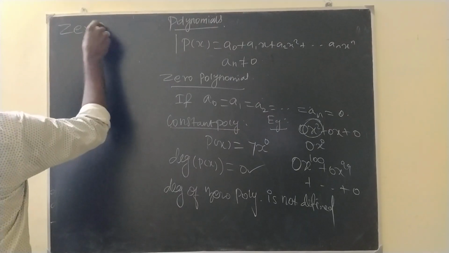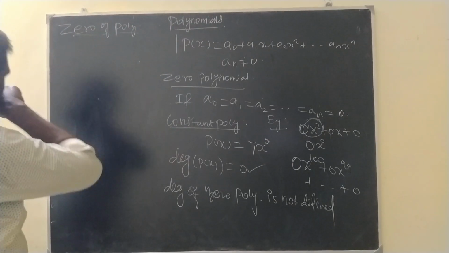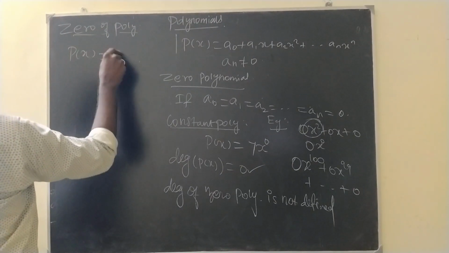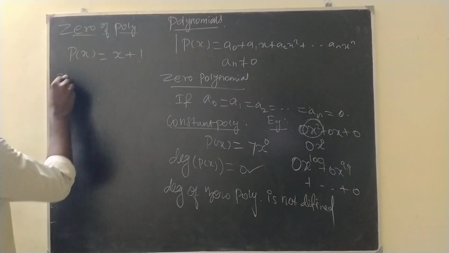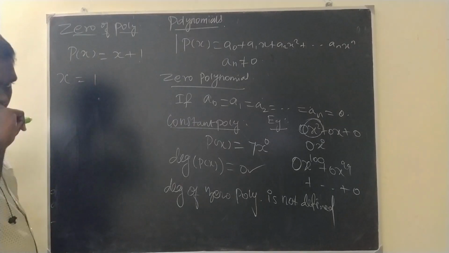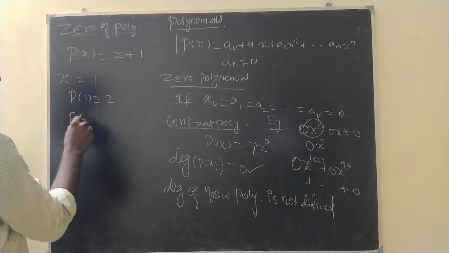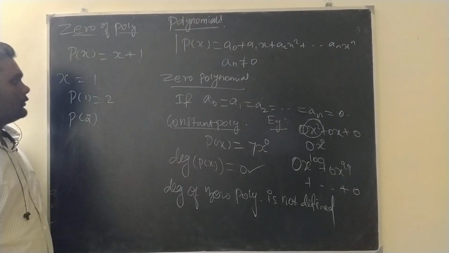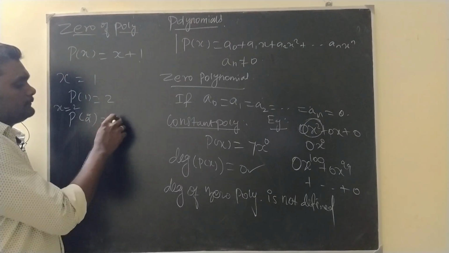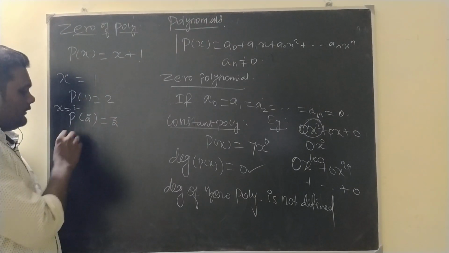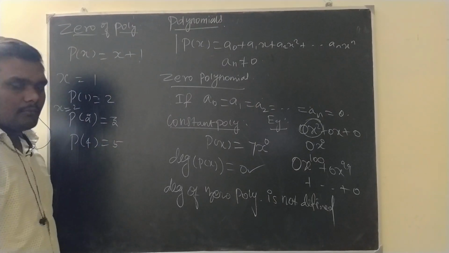Now, the zero of polynomial. Take the polynomial p of x is equal to x plus 1 simply. The value of the polynomial at x is equal to 1 is P of 1. It is 2. Value of polynomial at x is equal to 2 is 3. Value at x is equal to 4 is 5.